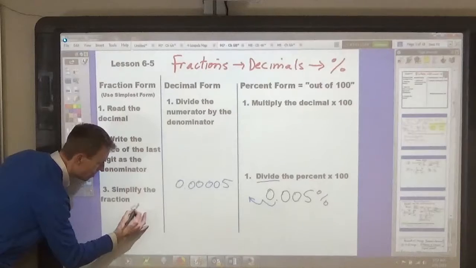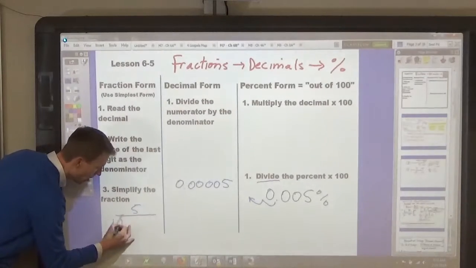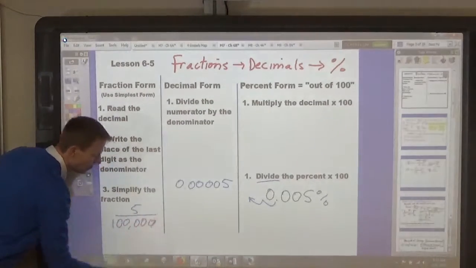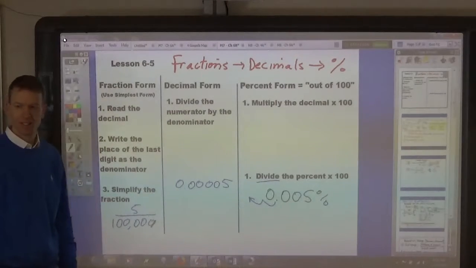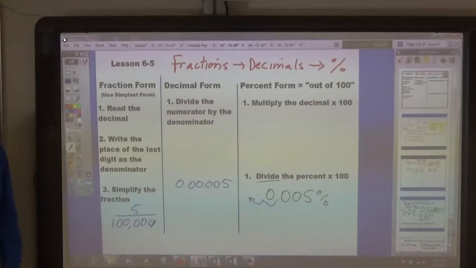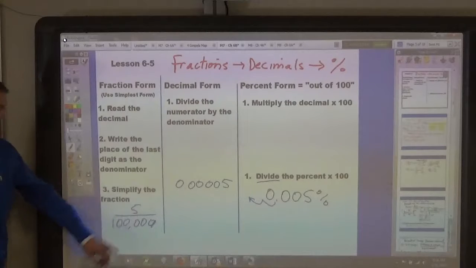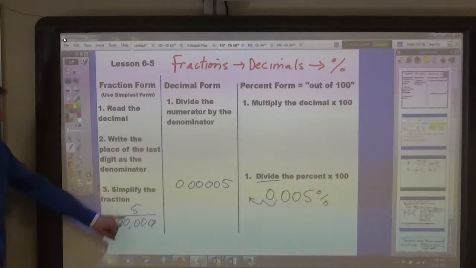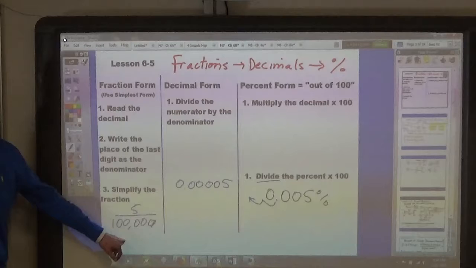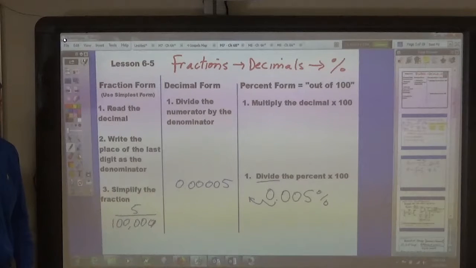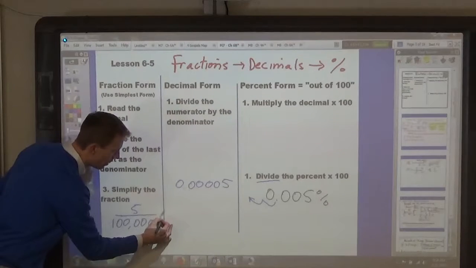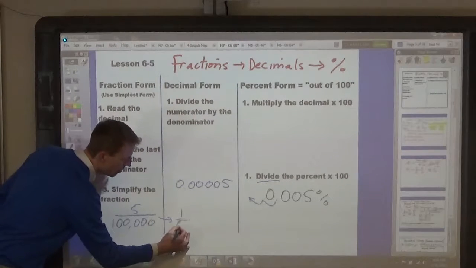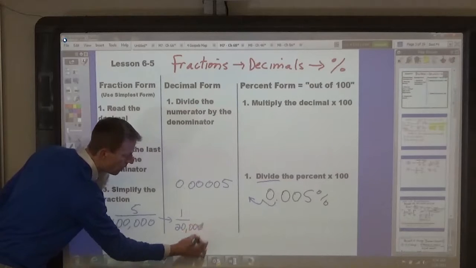Alina? 5 100,000s. Yep. And then, can you simplify that? What's a 100,000 divided by 5? Because we can take the 5s out and reduce this. Right. So it's actually 1/20,000th.